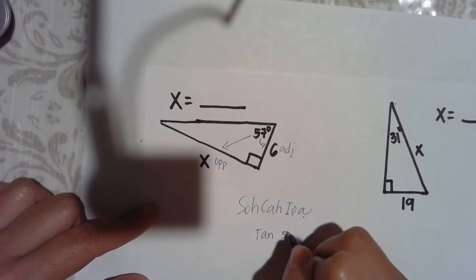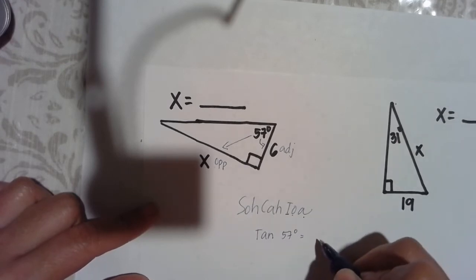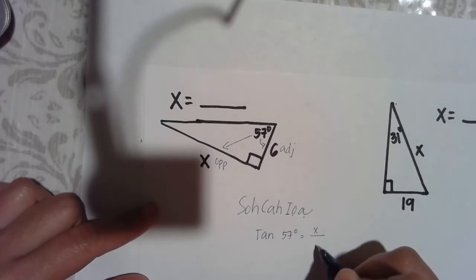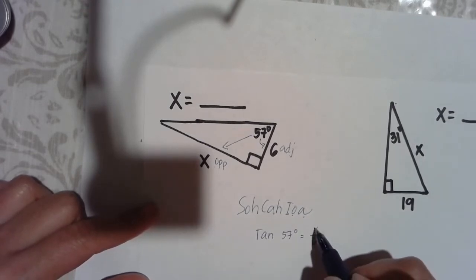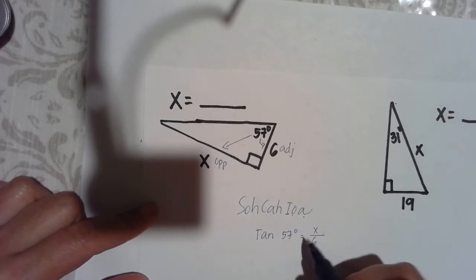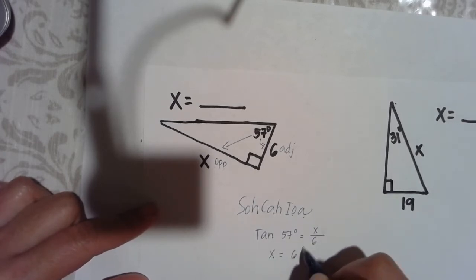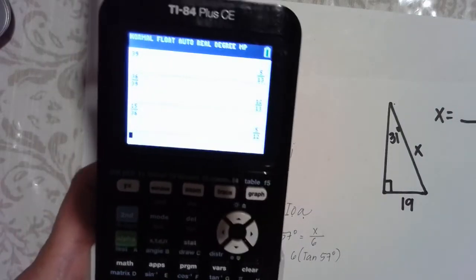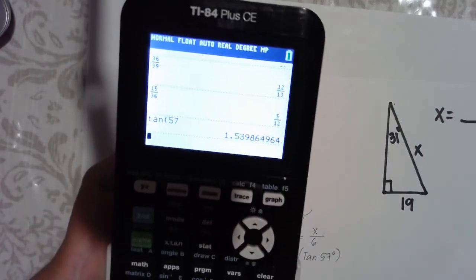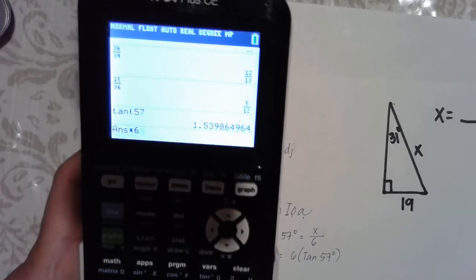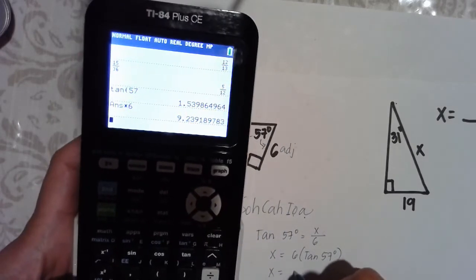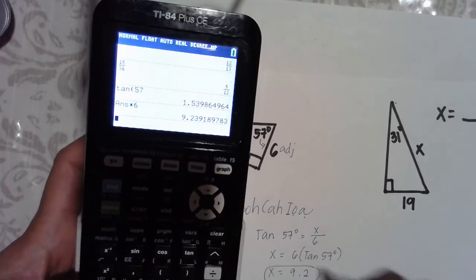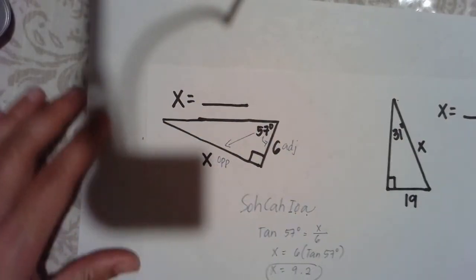Tan of 57 degrees is equal to the opposite, which is x, over 6, which is the adjacent. Since x is on the top, we need to multiply. So x is equal to 6 times tan of 57 degrees, which is 9.2. So this is the value of x.